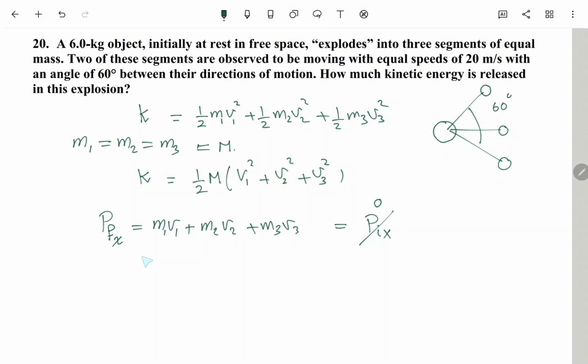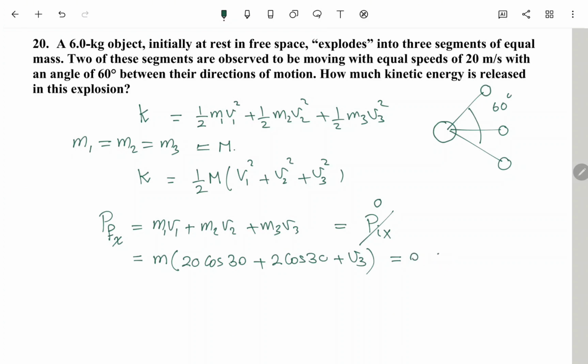So m times 20 cosine, now the 60 degrees is between these two masses, and if we set the horizontal to be right in the middle between them, the angle will be 30, plus 20 cosine 30 plus v3, which is missing in this case, all equal to 0.